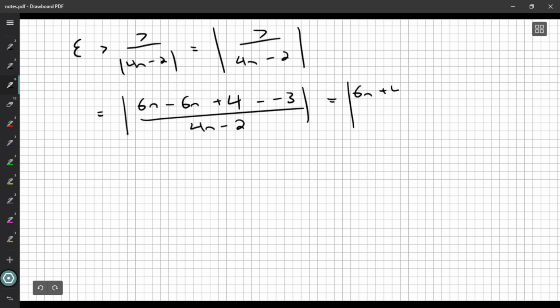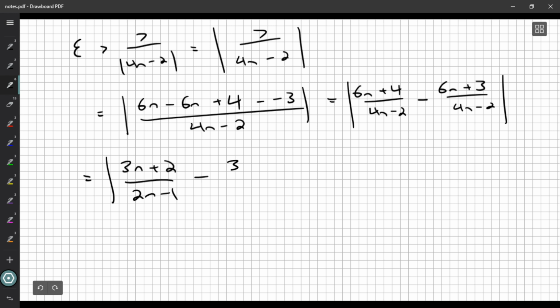The 6n and the plus 4 go to 1. And then minus 6n plus 3 goes to the other. Okay, and that can simplify to 3n plus 2 over 2n minus 1. And the other one can simplify to... Oh, that should be a negative 3, not a plus 3. The other one can simplify to 3 halves.